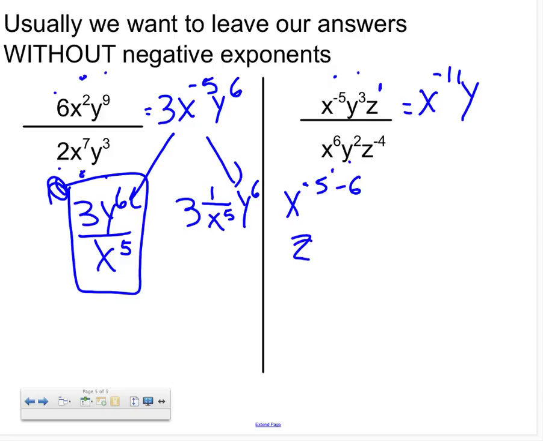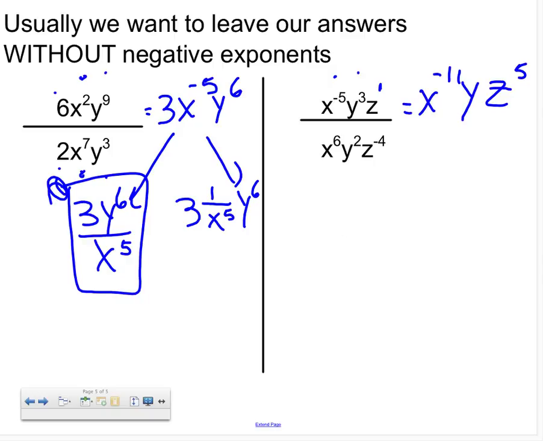So once again, 1 minus negative 4. Well, a minus a negative makes a plus, right? So it's actually like 1 plus 4. So it's actually just z to the 5th. So you have to be careful when the negatives start on the bottom in the problem because they can mess up your exponent division rule.